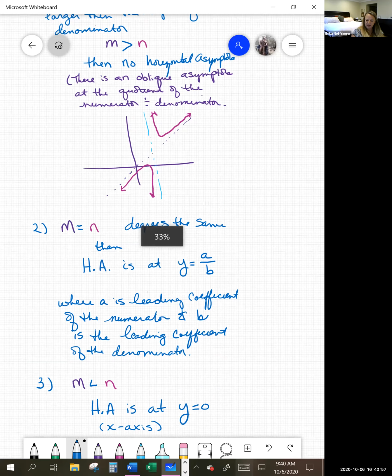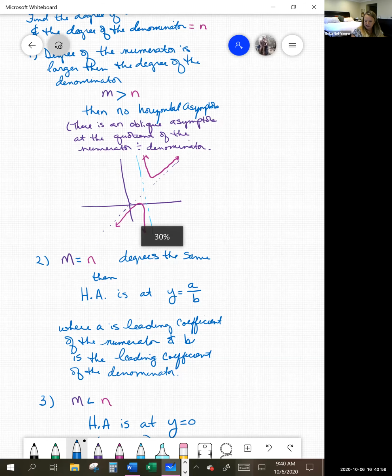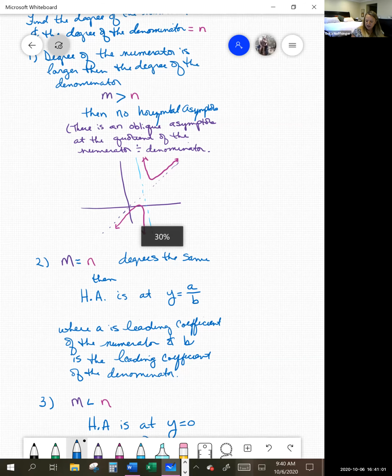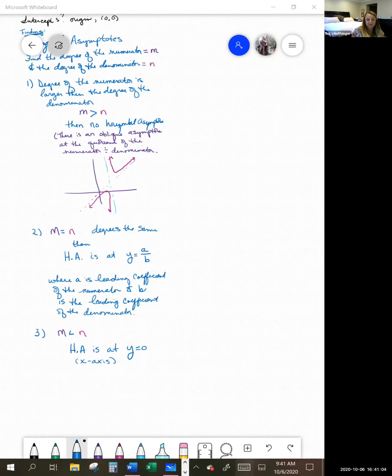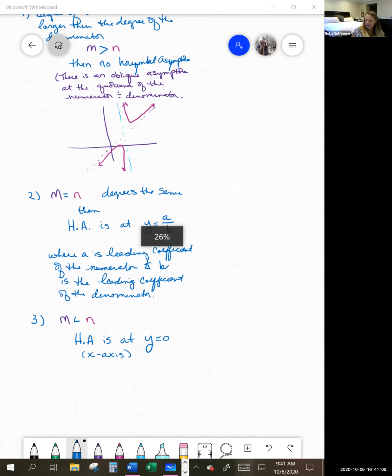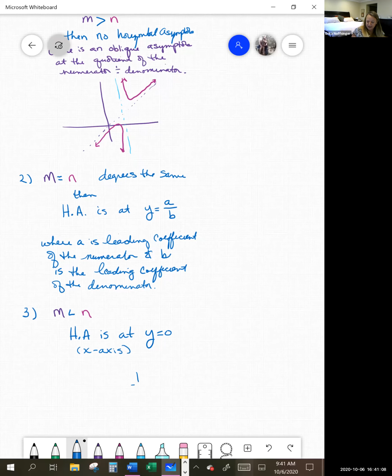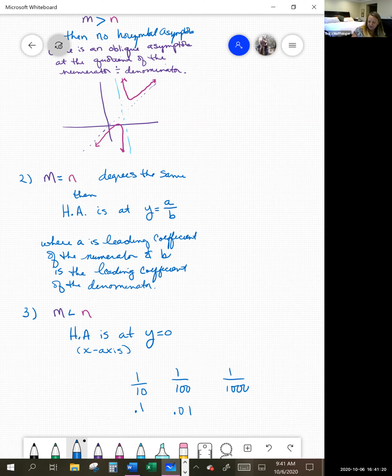If you think about it with logic, if your denominator is growing much, much faster than your numerator, think about it. 1 over 10 is 1/10. 1 over 100 is 1/100. 1 over 1,000 is 1,000ths.